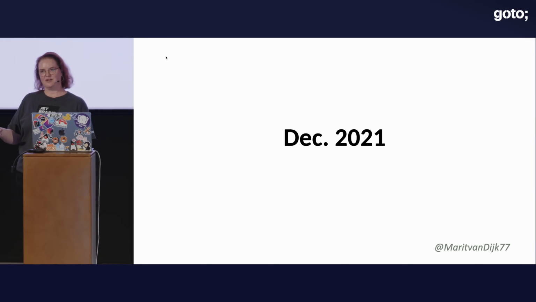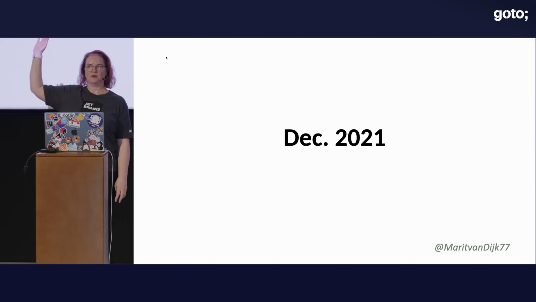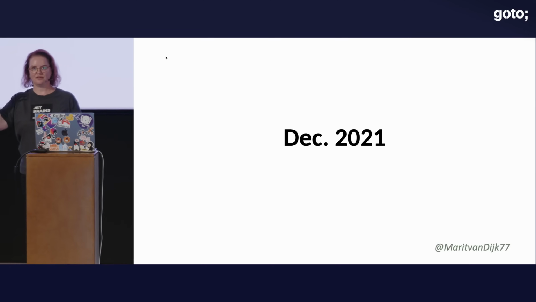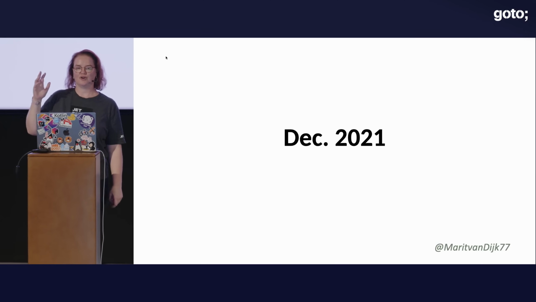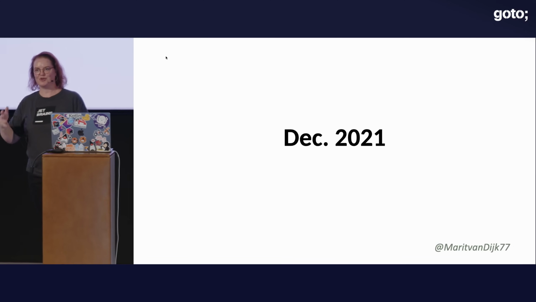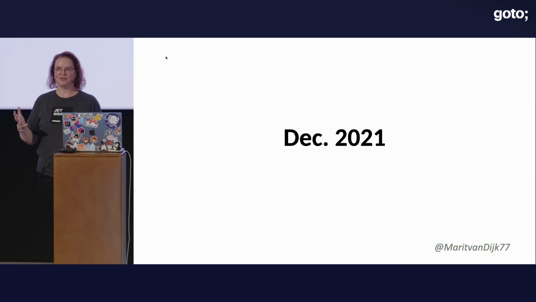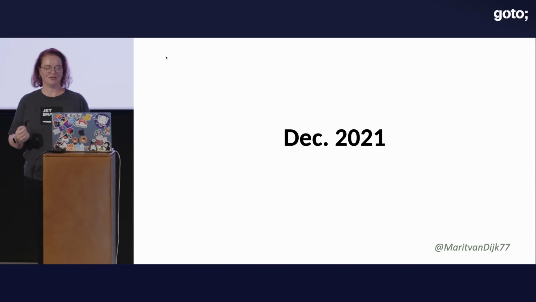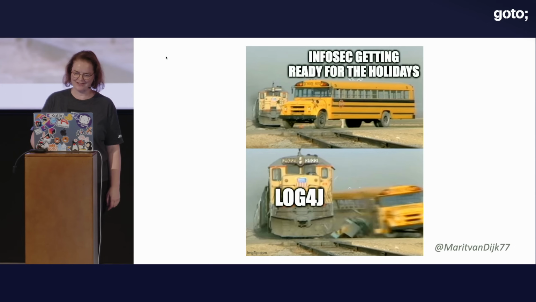If you're a Java developer, who is a Java developer? Okay, for the rest of you, bear with us. If you're a Java developer, you'll remember what happened in December of 2021. Even the people nodding up front, yes. So, thank you, Liz.